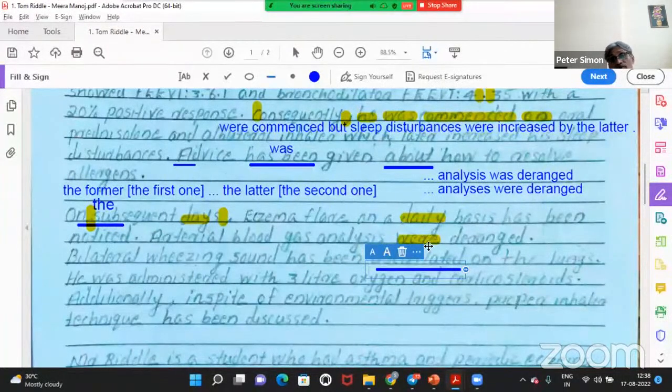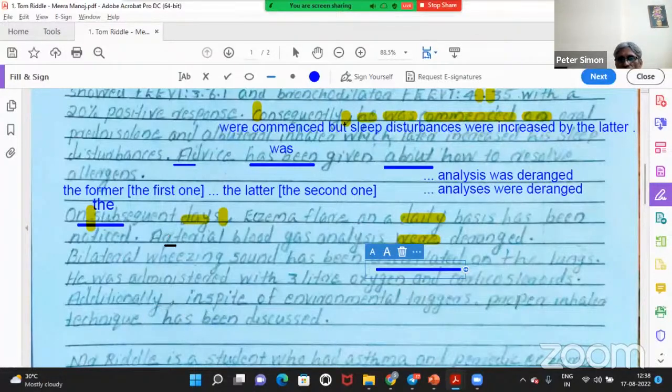Why present perfect? You're mixing past and present tense in the same paragraph. You cannot mix past and present. See here, he was administered, here it is right. Again here it says has been discussed. On the subsequent days.